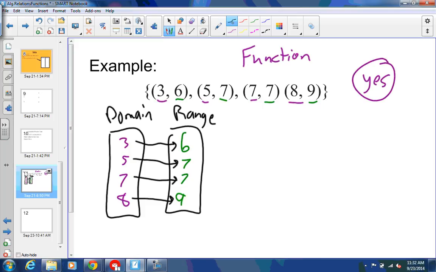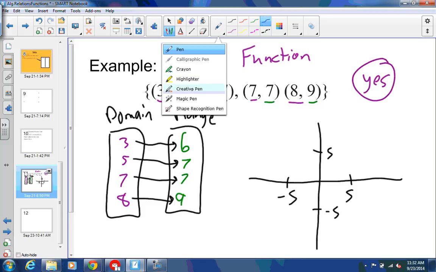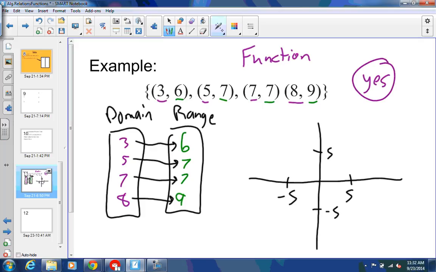And the very last way that you could check this is by making a rough graph. It doesn't even have to be perfect. So say this is 5, negative 5, positive 5, negative 5. And if you graph it, you can plot the points. And actually, I'm going to make this more fun. I'll use whatever this is.